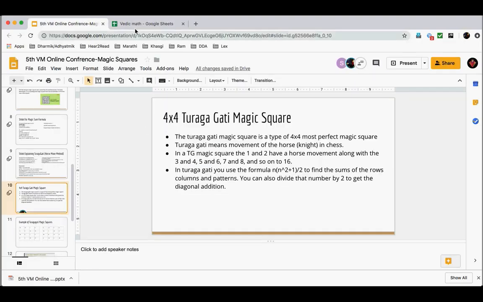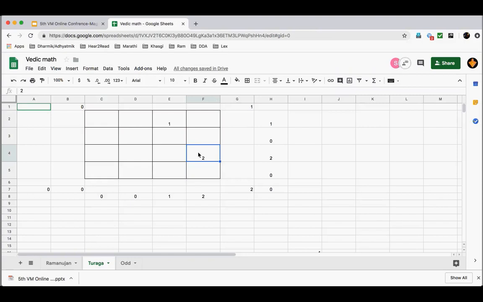Now if you want the diagonal addition, meaning skipping 1 square and going to the next square, these 2 squares should add up to 17 because 34 divided by 2 is 17. A diagonal should be equal to 34 because its sum is the magic sum, 34.